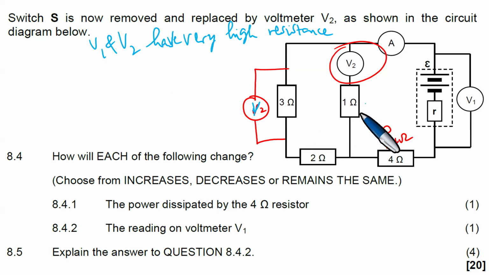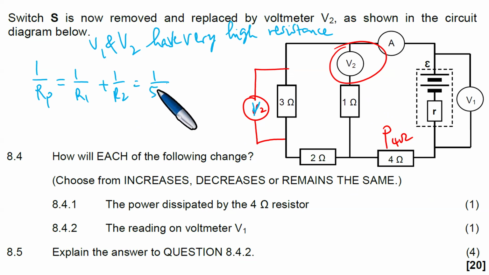Okay, I want us to be practical. What was the resistance before? You would say 1 over R parallel is 1 over R1 plus 1 over R2, which is 1 over 5 plus 1 over 1. We got R total was 4 point what? 4.83, well done.